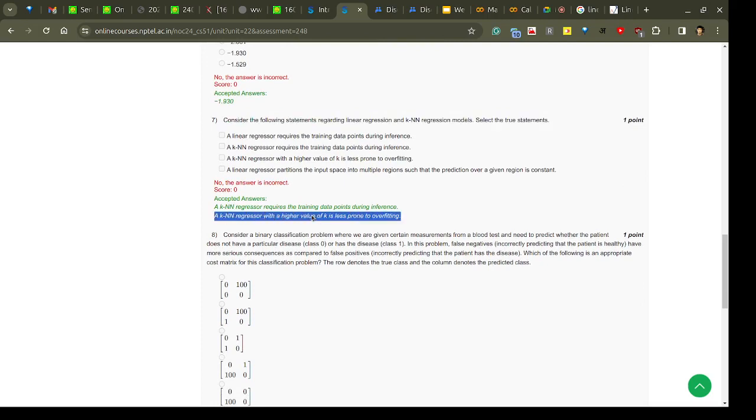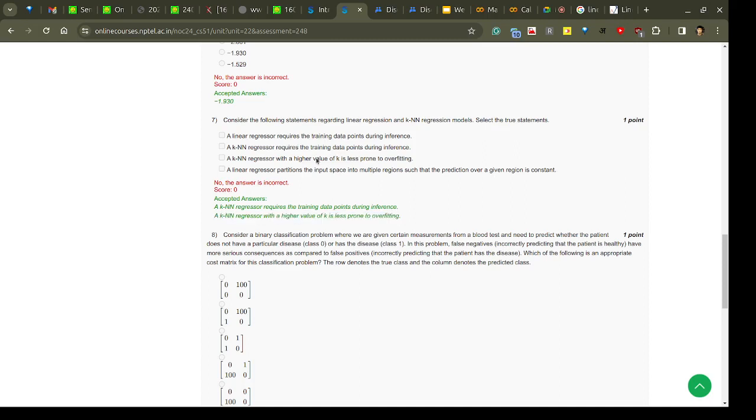Okay, so there are 4 options. Linear regression requires the training data points during inference. KNN requires training data points for inference.